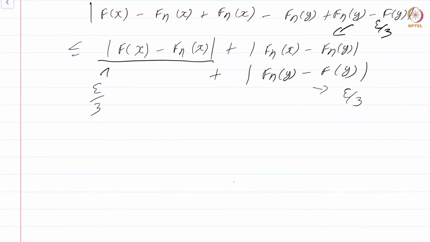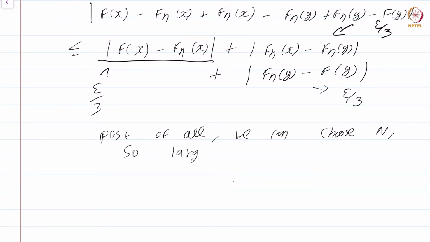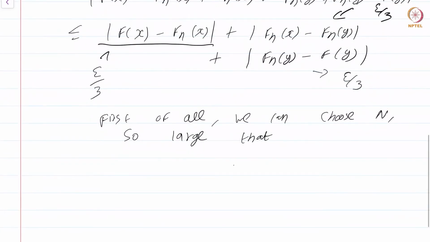First of all, we can choose capital N so large that |f(x) - F_N(x)| is less than epsilon by 3. We can do this simply because the sequence Fn converges to f(x).